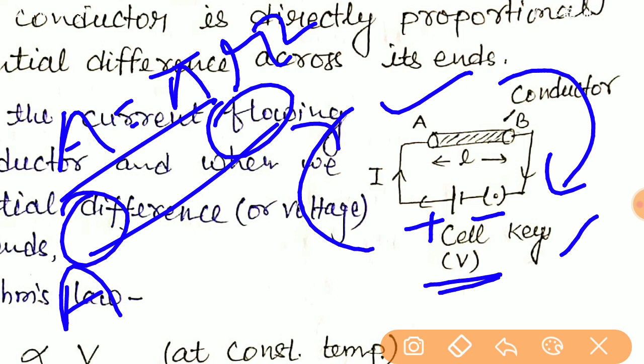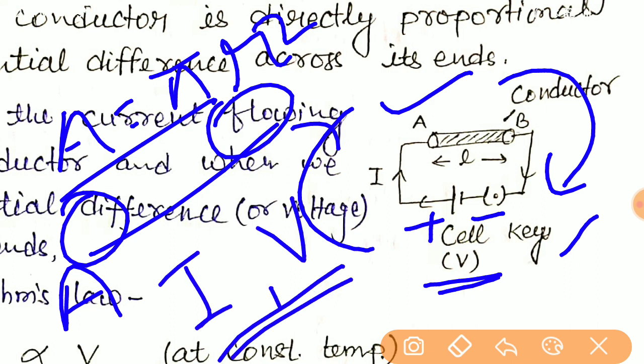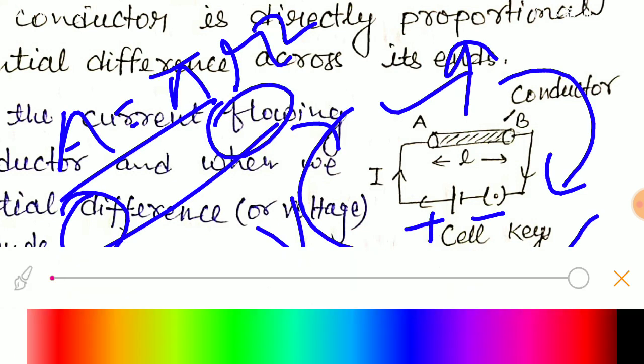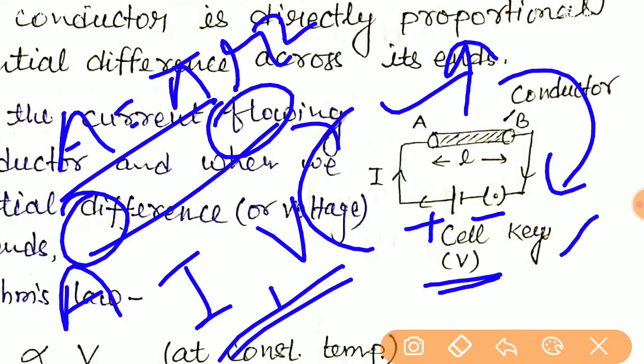So what we observe is that there is a relation between the current and voltage, and the conductor also has a resistance, which we write as capital R. There is a current flow I and the potential of the cell V.